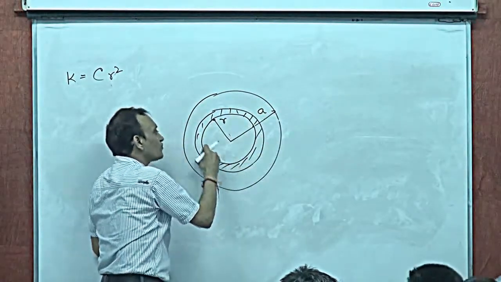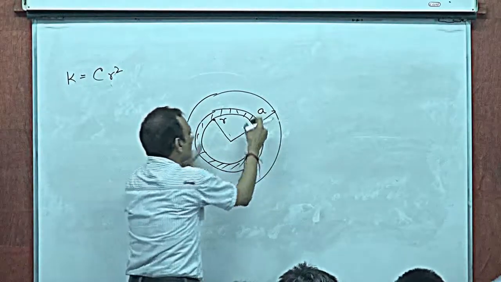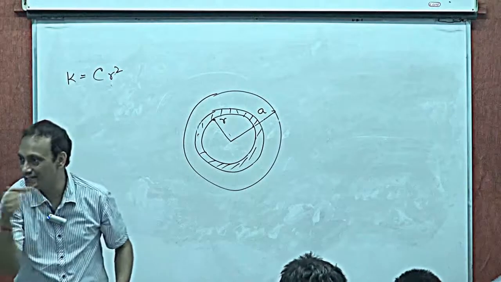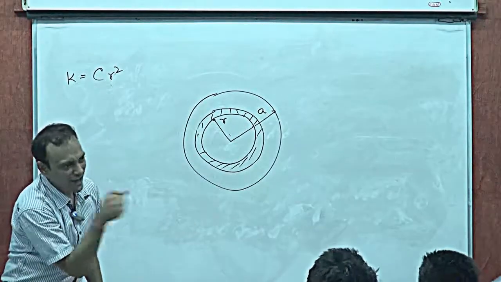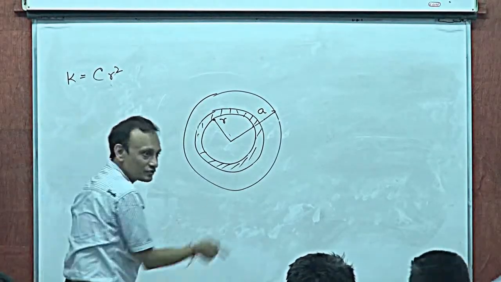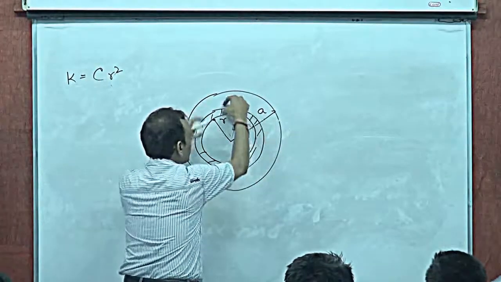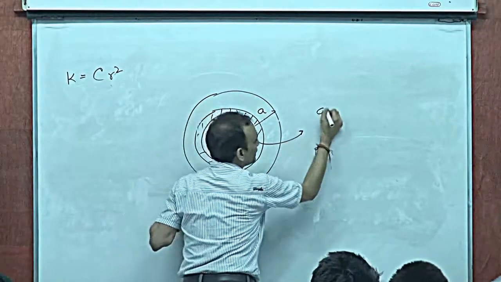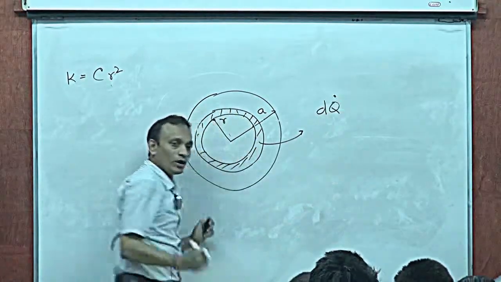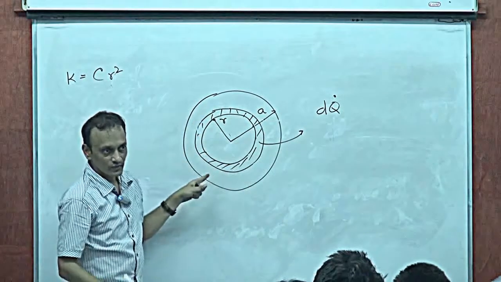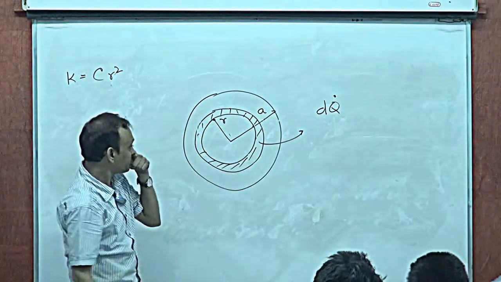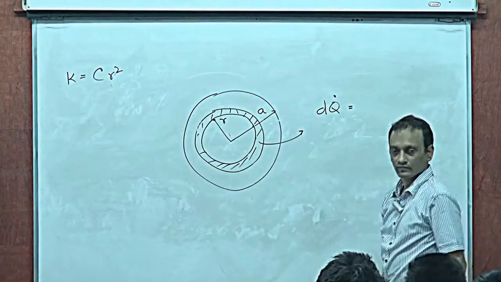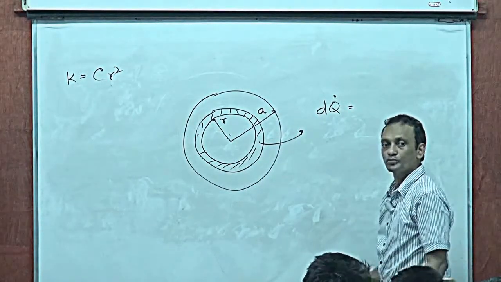It's flowing through these rings internally, parallel to the axis of the cylinder, right? Through these rings. So now, through this particular ring that I have selected, the heat current dQ dot, a small amount of heat current associated with this, the flow being longitudinal, is going to be what?